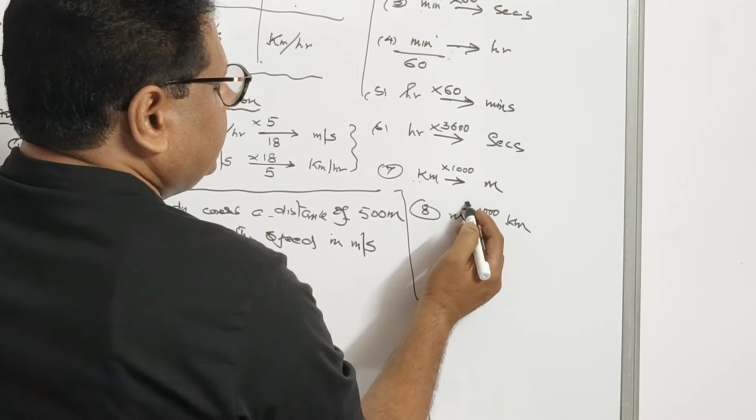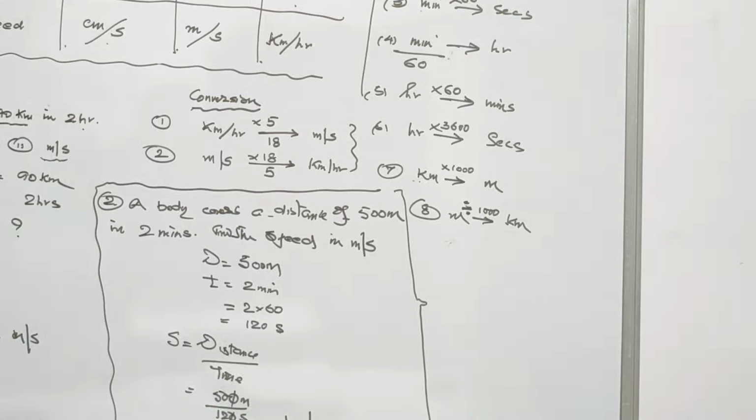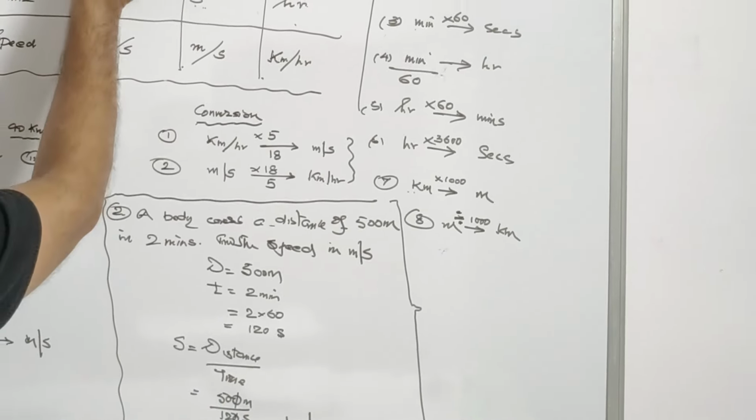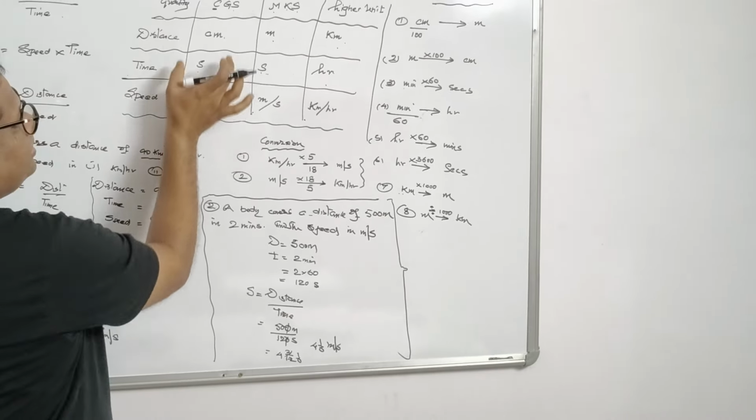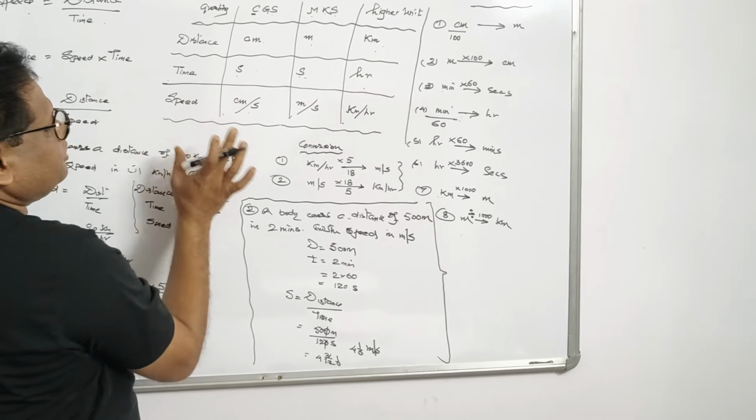Okay, so I think these conversions will be helpful for you, but again and again I am telling, please maintain the same units. Either you follow the CGS system, keeping distance in centimeters and time in seconds, so centimeter per second will be the speed.